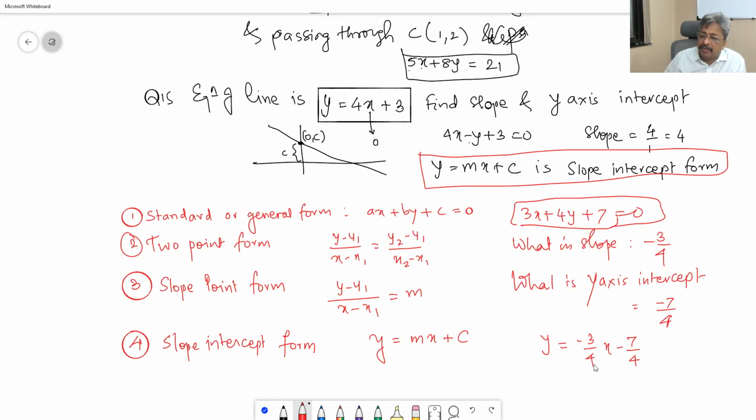Multiplying by 4 everywhere and putting everything on one side, you get this. So it is as simple as that. We should be able to jump from one form to the other without any problem. Have you understood all this so far?